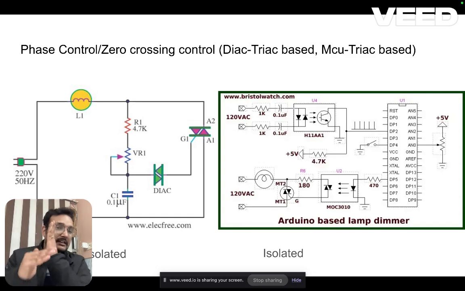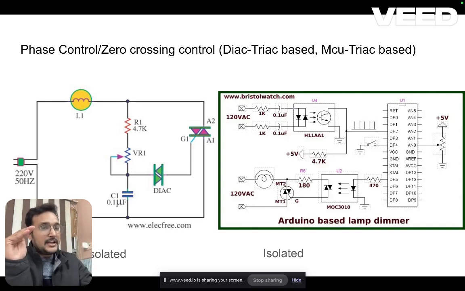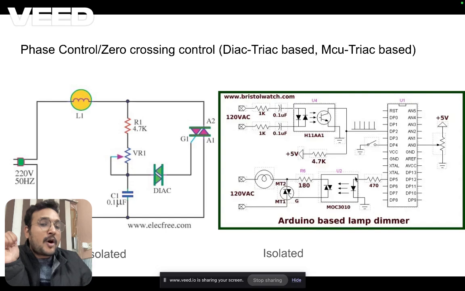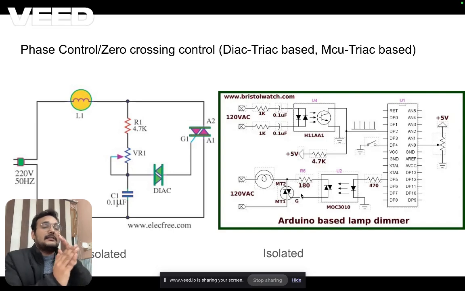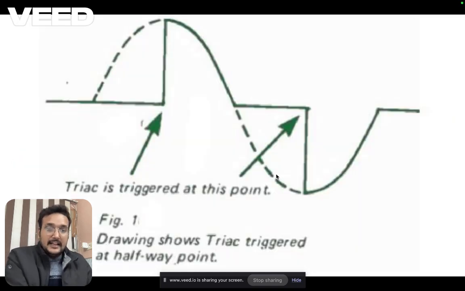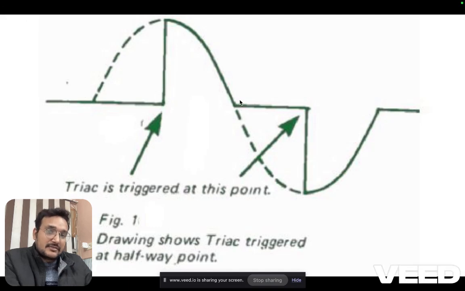The moment you have detected the zero crossing, your pot has some value. That pot value will result in some current in this opto LED, and this in turn will give the turn on to my triac after some time. This will create the delay, whether it is a positive rising edge or a falling edge.